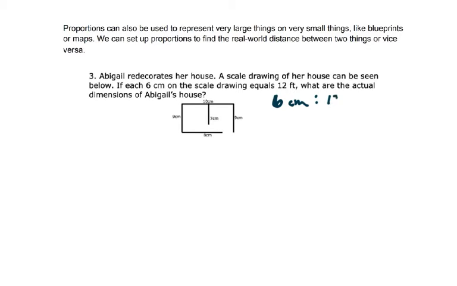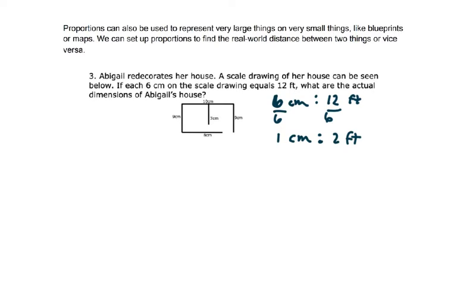And every 6 centimeters on the drawing is 12 feet in the house, which we know we can reduce by 6. Again, normally we would change them to the same units. We are not doing that for this problem because it is a scale drawing problem. If we reduce, every centimeter on the blueprint is 2 feet in real life.